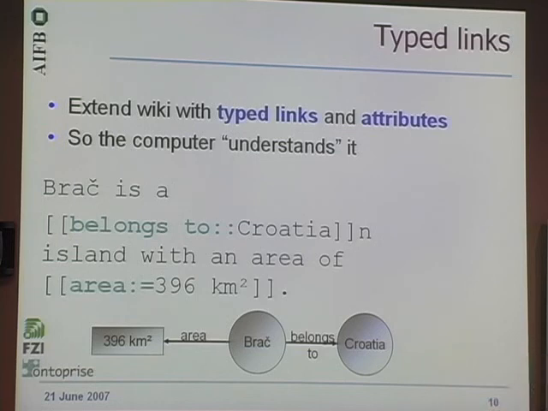When you think of that in an RDF context, you see that in the end you generate two triples out of these two specifications. One triple is that "belongs to" relationship between Prague and Croatia, and the other triple is that area attribute that relates Prague to that specific number of square kilometers. So that is the underlying semantic representation that is used.